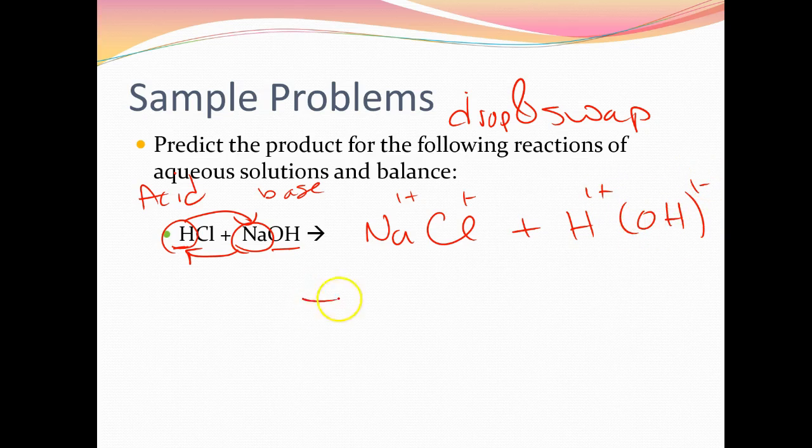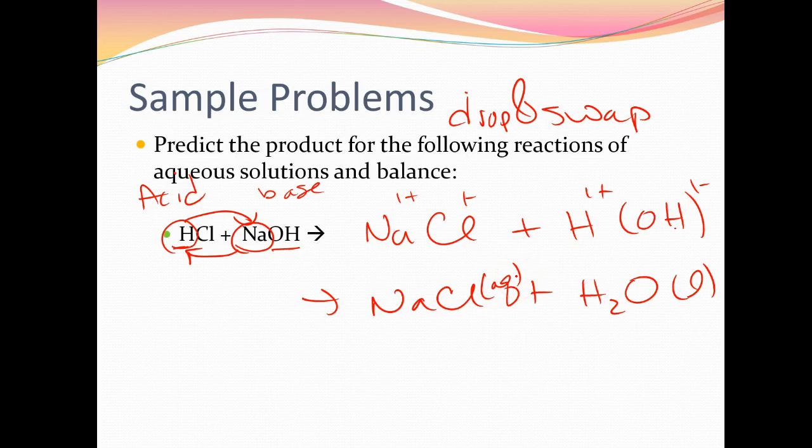Well, when I drop and swap, what I get is NaCl and H, and then I'm going to put the two of them together, water. And that is a liquid. Most often this thing will be aqueous. It will dissolve in water. So that's your equation. Predicting the products is pretty simple. Balancing it, if you count, it is balanced already, so it's all taken care of.